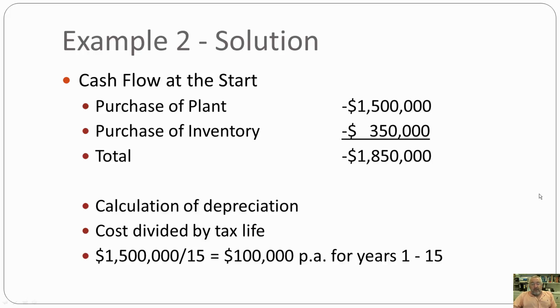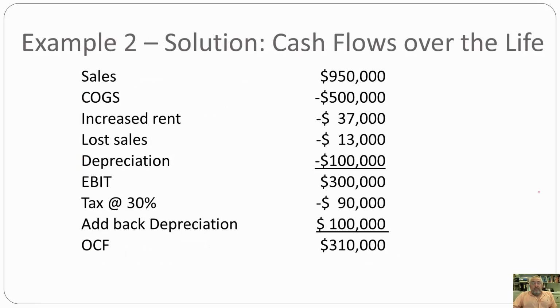Now let's have a look at the cash flows over the life of the project. So we know the sales and we know the cost of goods sold. Remember, this is a cash flow because every time we sell inventory, we replace it with some more. We've got this additional rent. We're losing sales, so that's a reduction in the cash inflow somewhere else of $13,000.